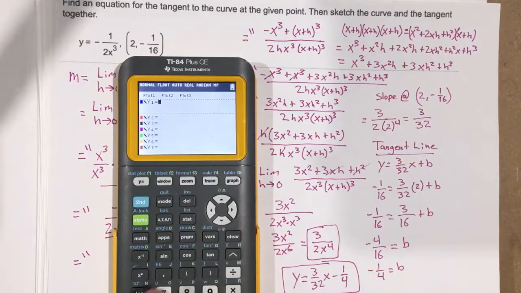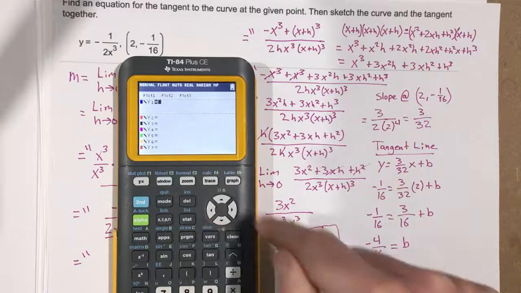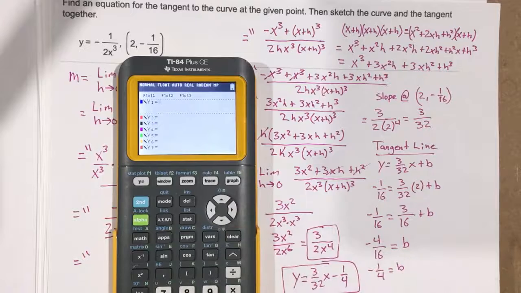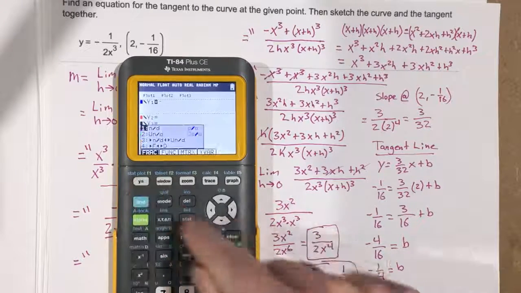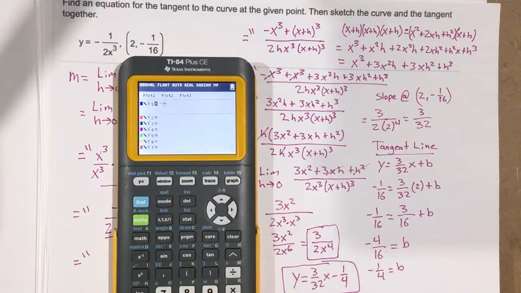and let's put in a fraction. We'll put a negative first. We'll put in 1 over 2x cubed.